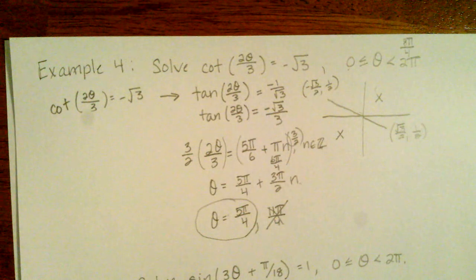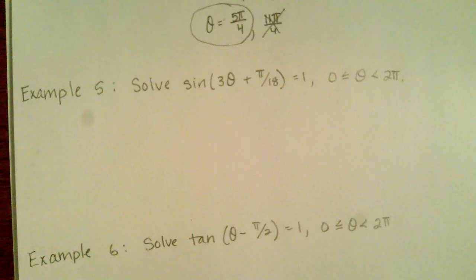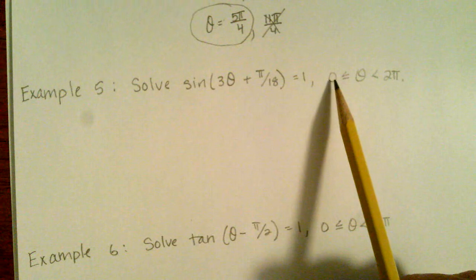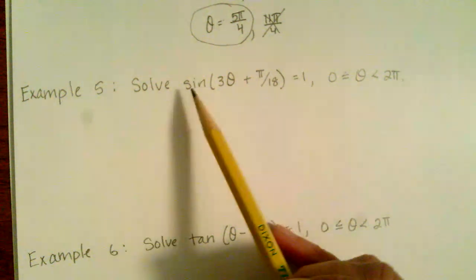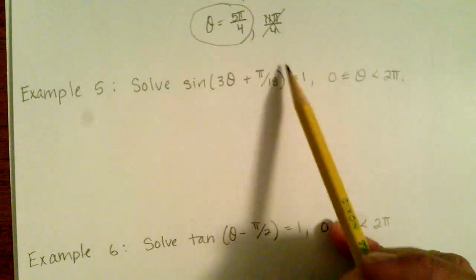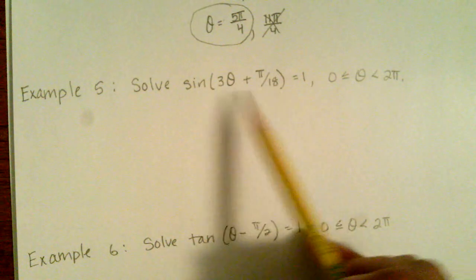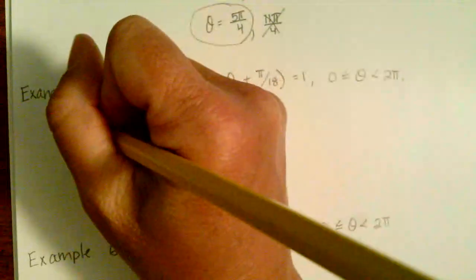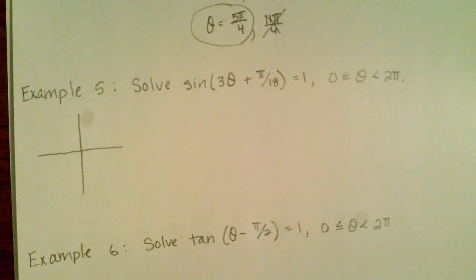Okay, moving on to example 5. So again, we have those restrictions. We're looking for our values between 0 and 2 pi. So the nice thing is that the argument is complicated, but the actual sine function is isolated. The sine of this argument is equal to 1. So again, we're looking at our unit circle and we're thinking, where is the sine equal to 1?